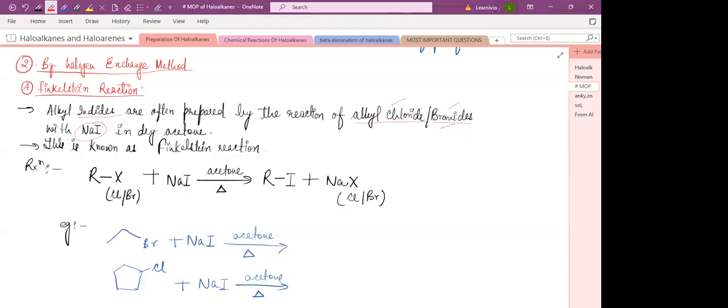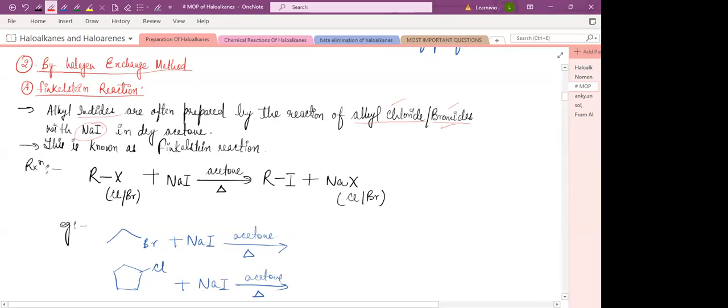And alkyl iodide reactions are very slow, the rate of reaction is quite slow. That's why we don't prefer to take alkyl fluoride and iodide in that case.